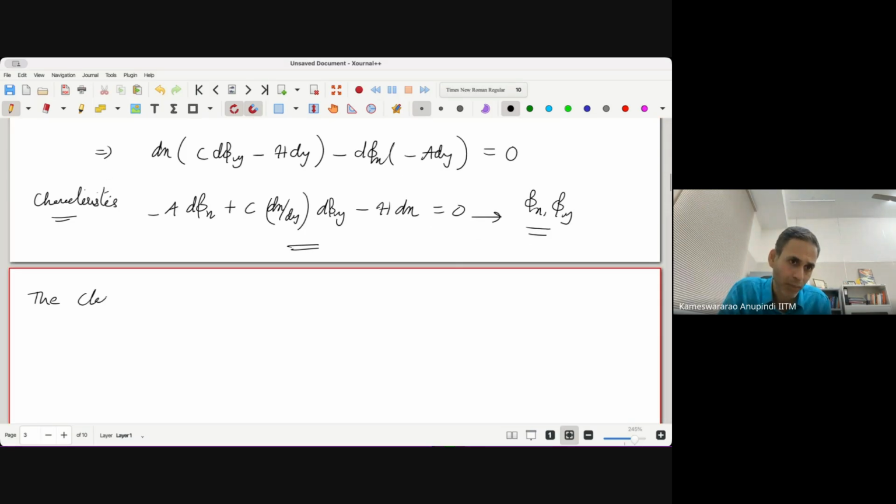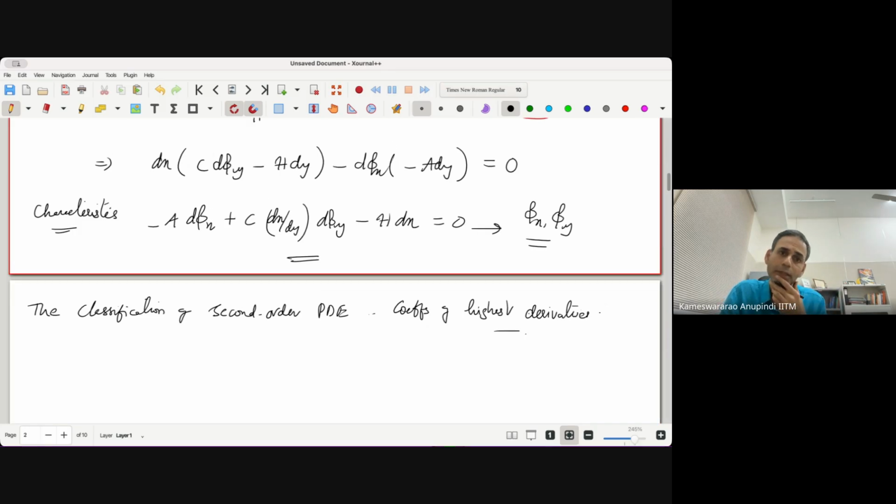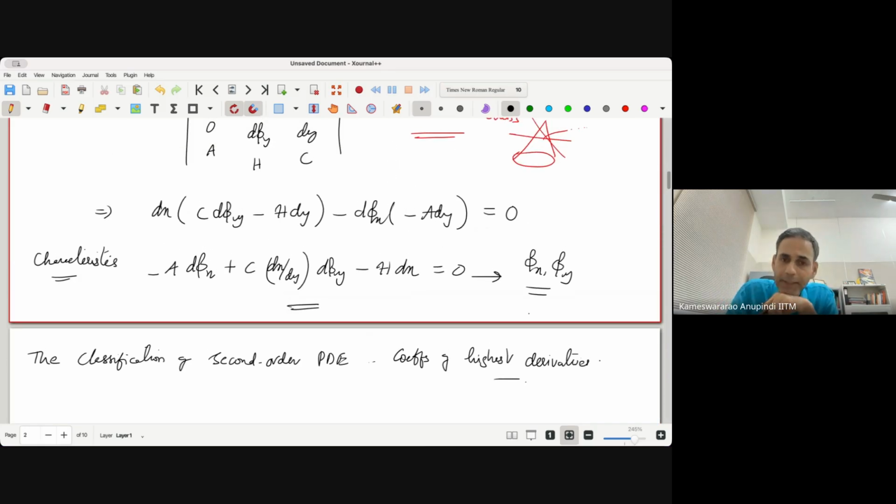So the classification of second order PDE depends on the coefficients of the highest derivatives in the equation, not the other ones. So we are only looking at the coefficients of phi xx, phi xy, and phi yy. That's all.